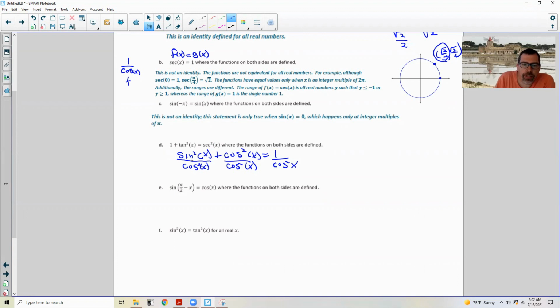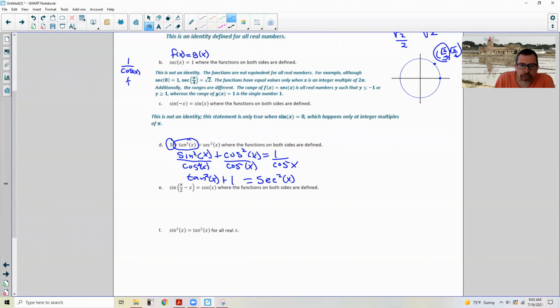So sine squared x over cosine squared x is going to give me tangent squared of x. Cosine squared x divided by cosine squared x is 1. 1 over cosine squared x is secant squared x.